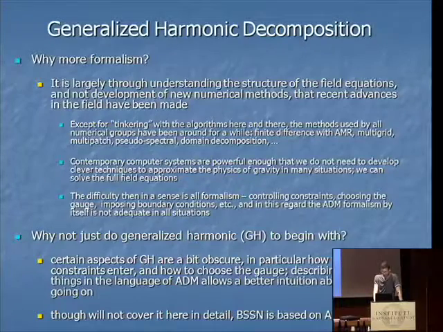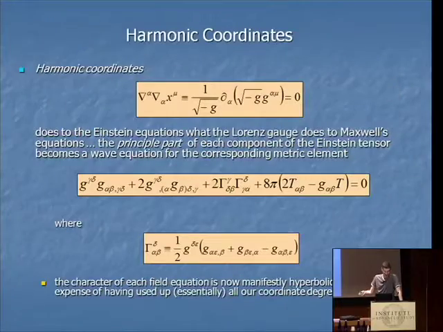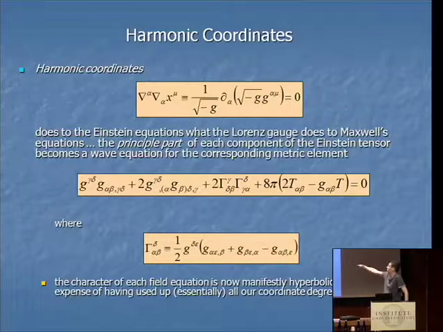Okay, so let's talk about harmonic coordinates, and that's essentially the next couple of slides. To get to generalized harmonic coordinates, we first have to start with harmonic coordinates. This is the formal definition of what harmonic coordinates are.